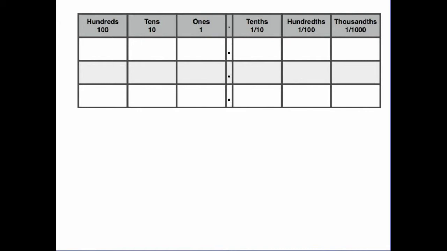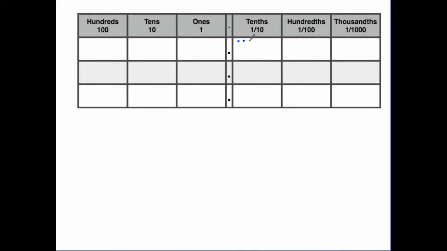But what would it be? 5 times 7. Where's my 7 going to go? In the tenths. And how many times am I going to do 7? 5 times. So I can just make my dots.